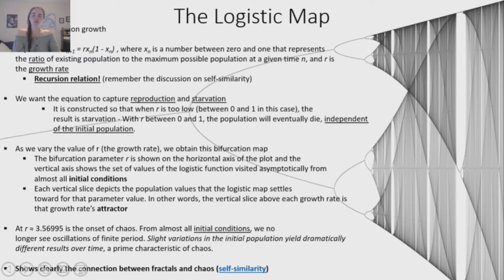And then on this axis, this shows sort of the general values that the function is attracted to for almost all initial conditions.